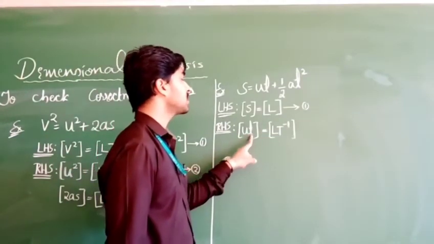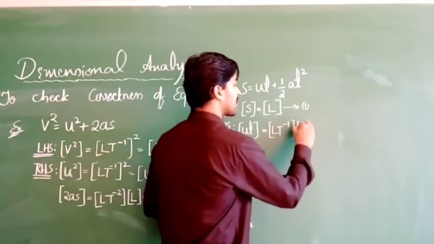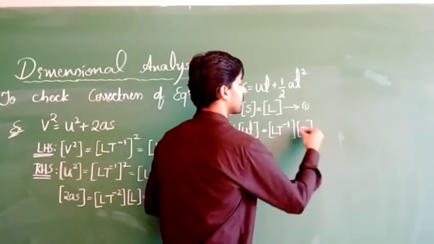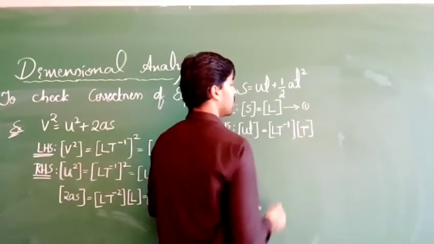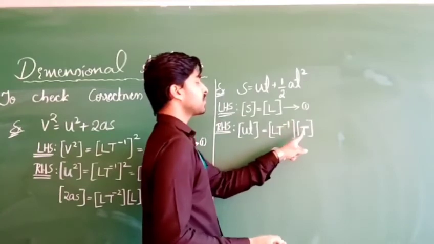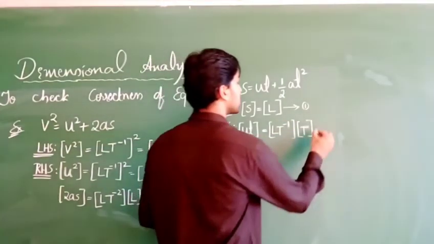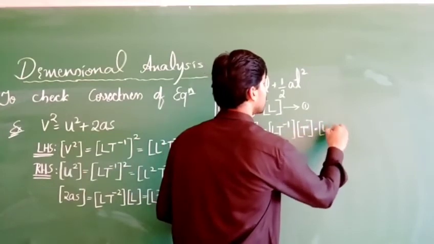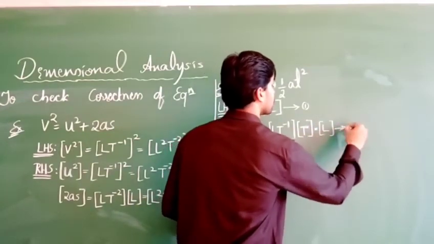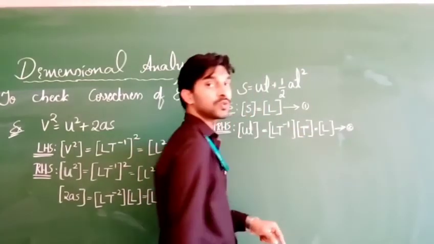Next, this t is directly time. So t to the power of minus 1 and t to the power of plus 1 will get cancelled. What is remaining? Dimension L. This I will be treating as equation 2.